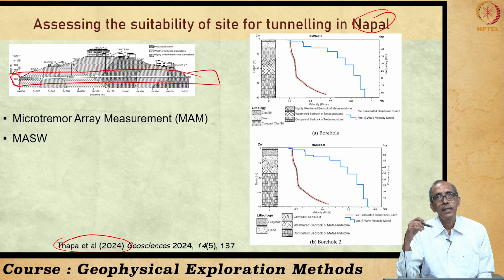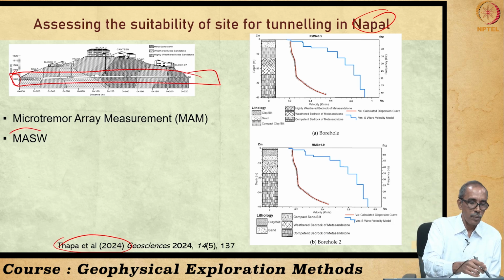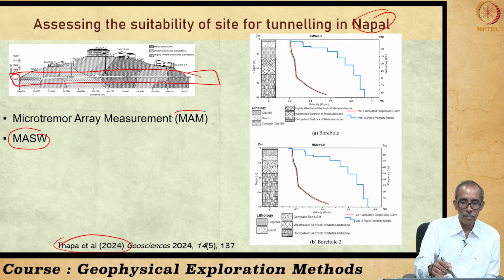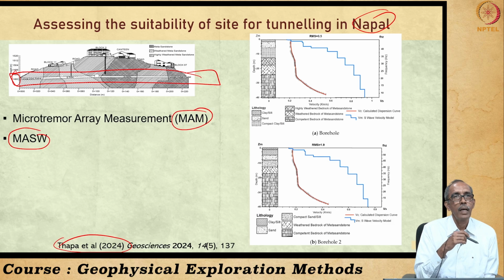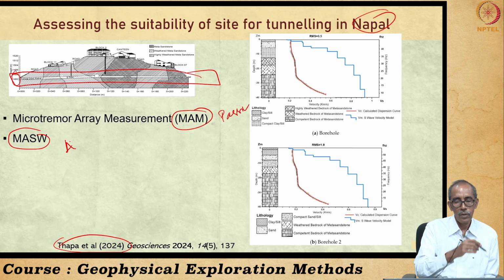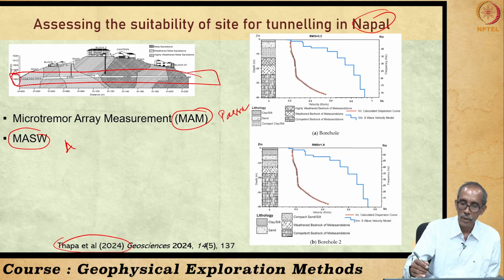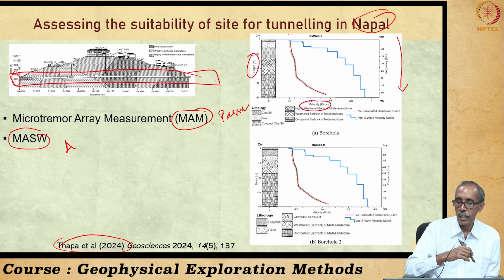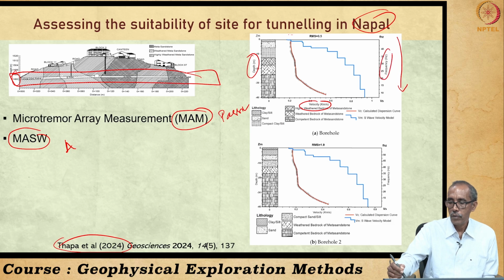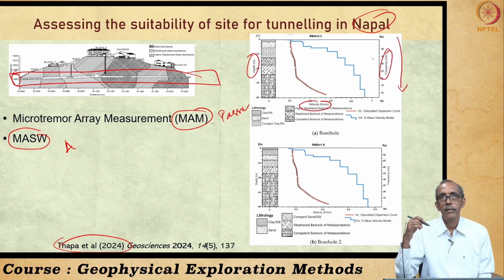In this study, they used both MASW and MAM, which is microtremor array measurement, a passive method. This is active, where we energize the ground. By carrying out this investigation, they arrived at how the shear wave velocity varied with depth, and how frequency is also related.